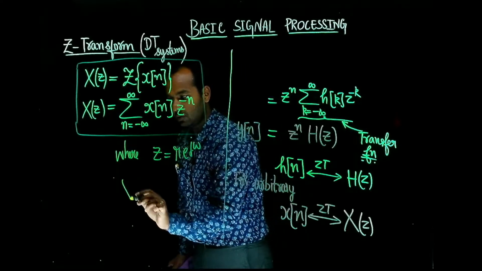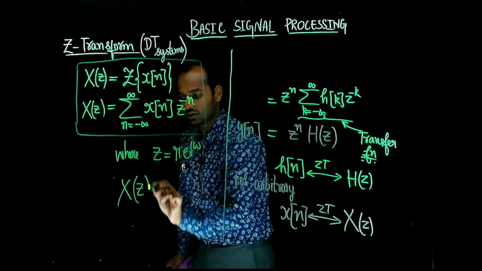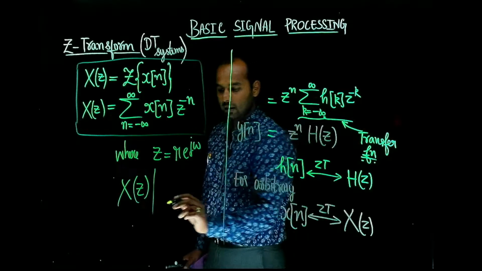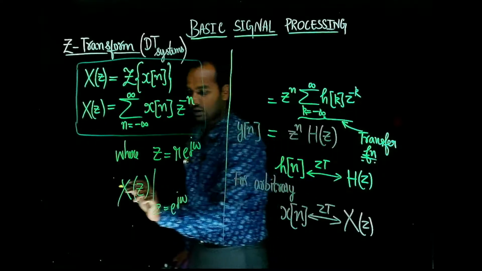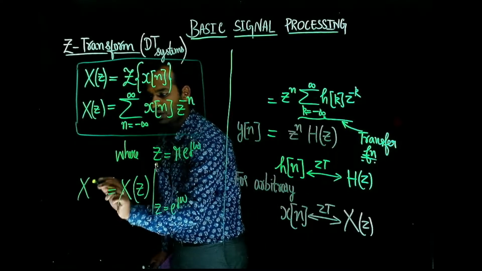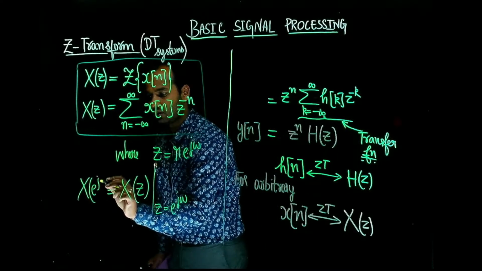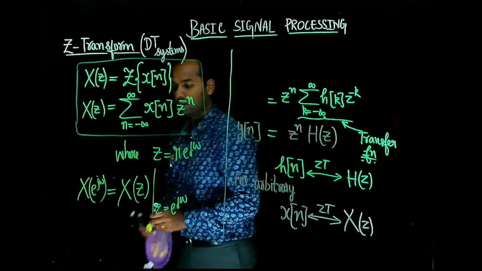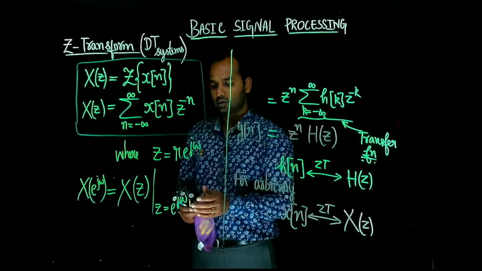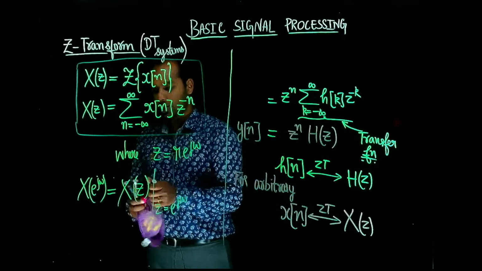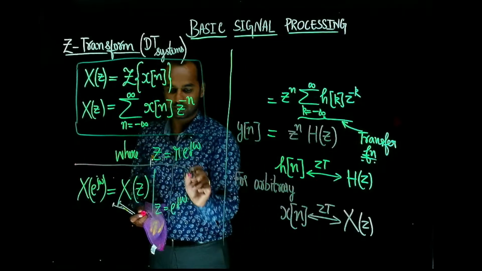The Z transform evaluated on the unit circle, that is for z equal to e power j omega, results in the discrete time Fourier transform, which is DTFT, a continuous function of the frequency variable omega. This is also another important relationship.